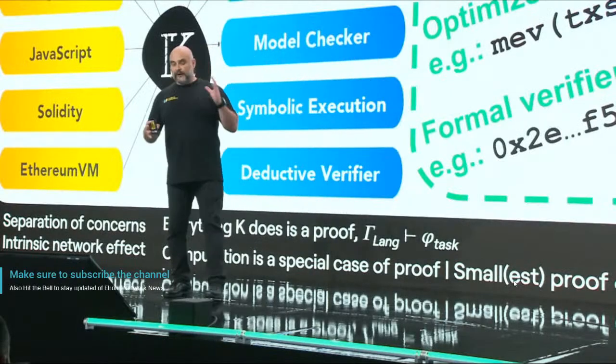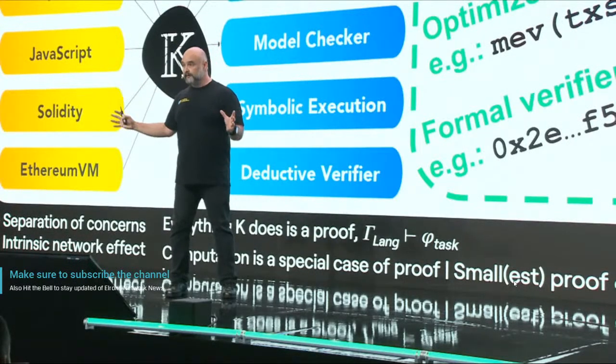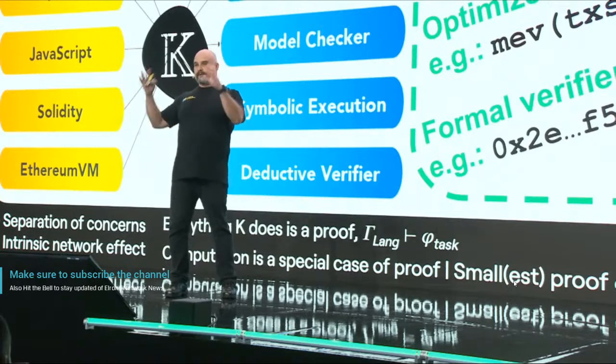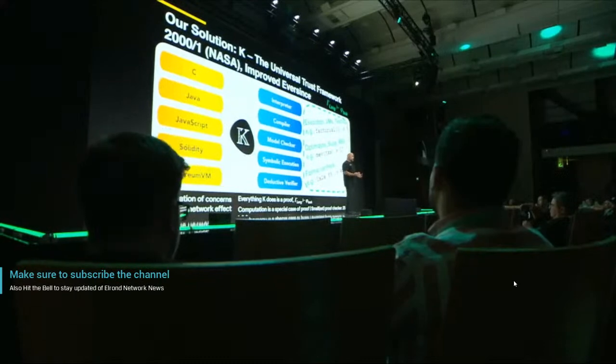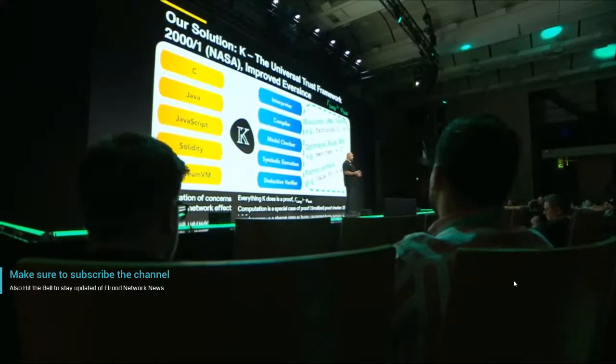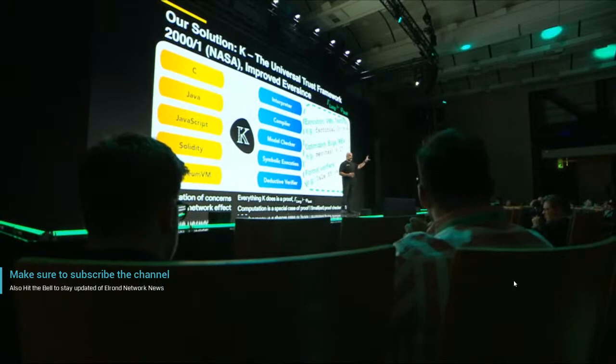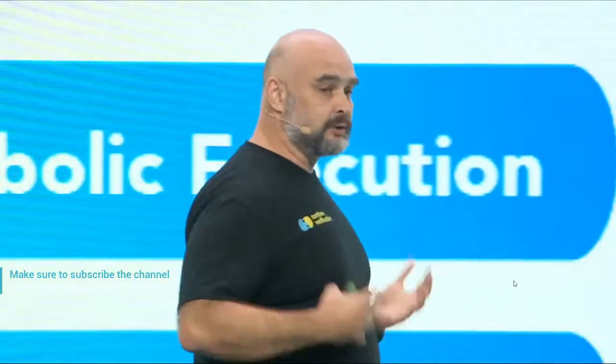So the fact that factorial of 3 evaluates to 6 in Java, if I have the factorial program in Java, that's a mathematical theorem that can be proved, according to the mathematical definition of the programming language Java. And what K does is to search for such proofs. And it truly finds those proofs.